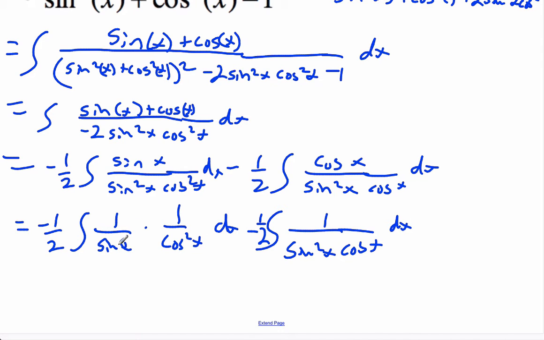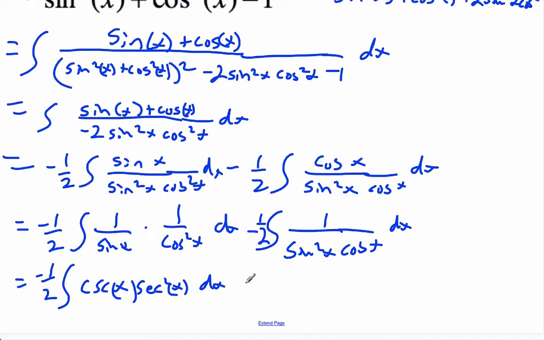And I will rewrite sine x as cosecant x, and I'm going to rewrite this one as secant squared x.